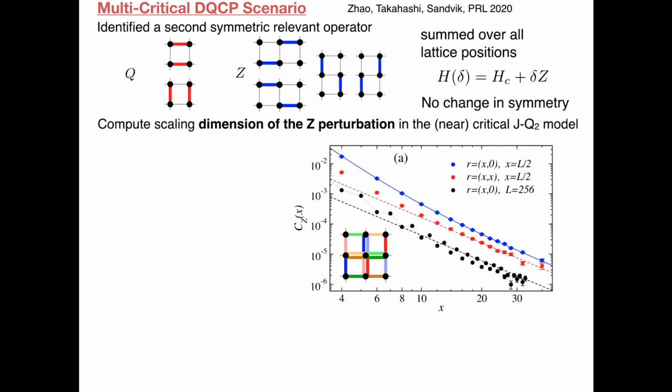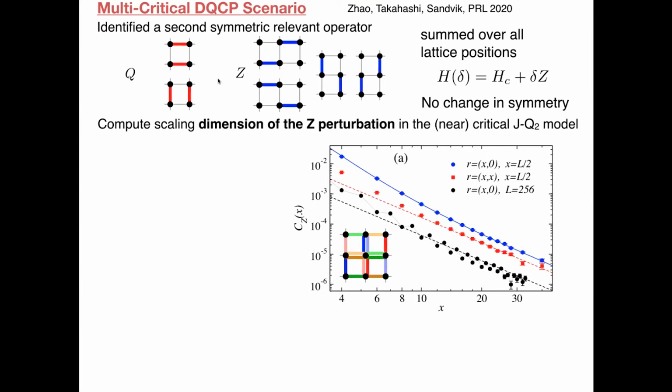Now, this is a little bit complicated in the sense that these single operators do break some rotational and reflection symmetries. So to avoid problems related to that, we pack that operator into a 2x2 plaquette, to avoid picking up any other symmetry breaking operator.